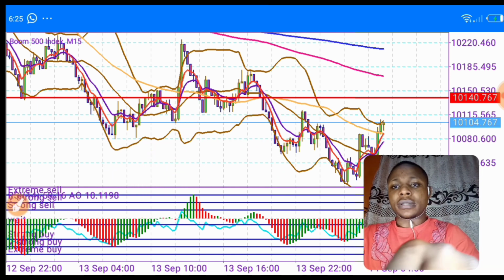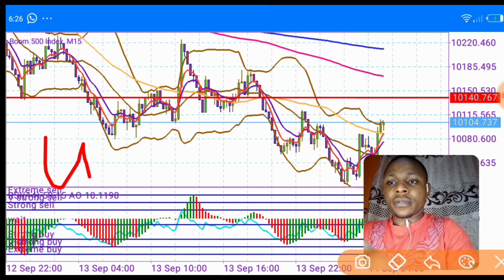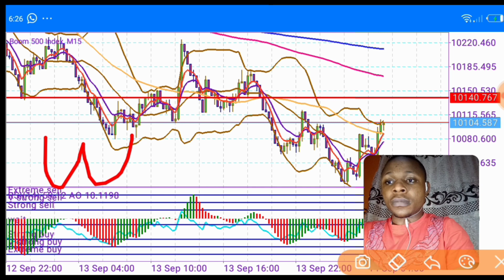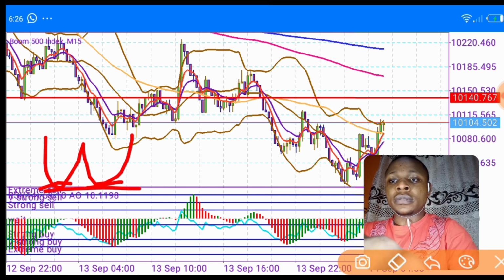Let me recap. We have 3 types of double bottom. Some double bottoms are tested on the same support level. That's number one.